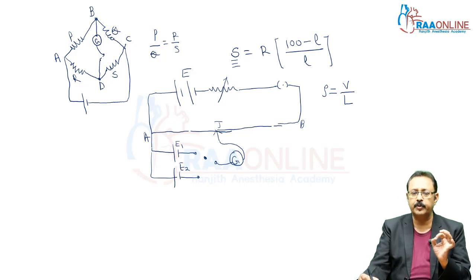E1 cell tries to send current in this direction.